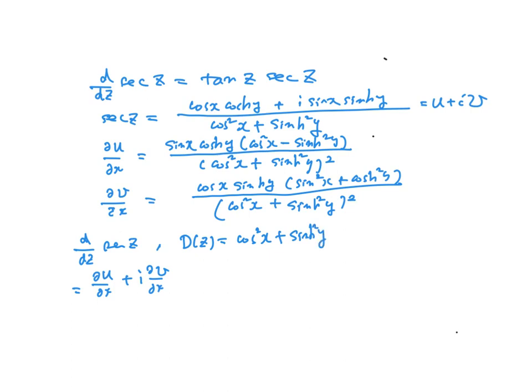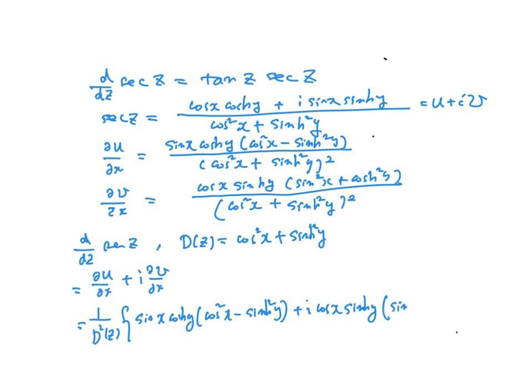Then we have 1 over d squared z times sine x cosine hyperbolic y, cosine squared x minus sine hyperbolic squared y, plus i cosine x sine hyperbolic y, sine squared x plus cosine hyperbolic squared y.